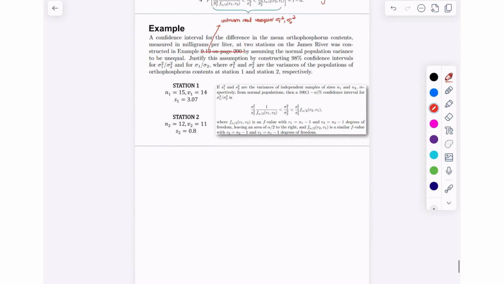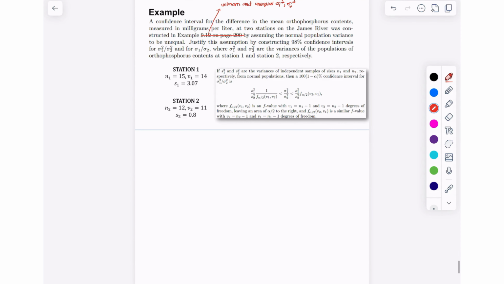Okay, so we go to this example. A confidence interval for the difference in the mean orthophosphorus contents, measured in milligrams per liter at 2 stations on the James River, was constructed. We look at the previous example on the case of unknown and unequal variance for estimating the mean.